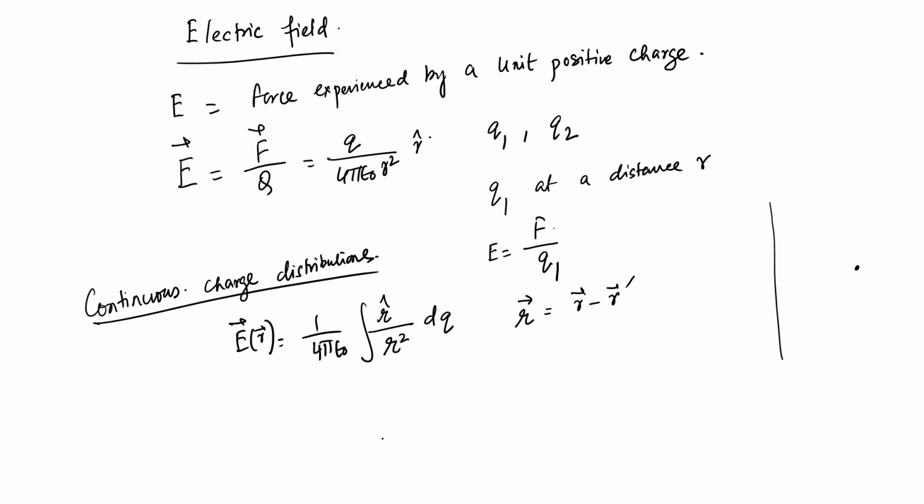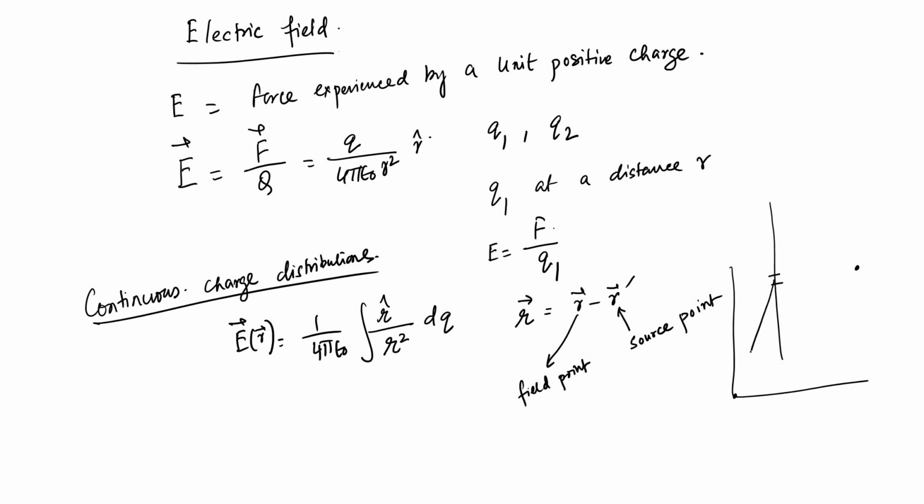Now, this is very important for you to remember, because this is really the source point, and this is the field point. What do they mean? They mean that the source of charge is located at r prime with respect to some coordinate system. Suppose you have a coordinate system here. That is the origin, and you are talking about a dq charge here.